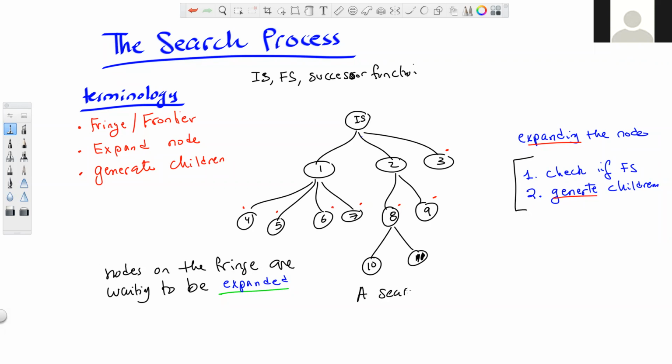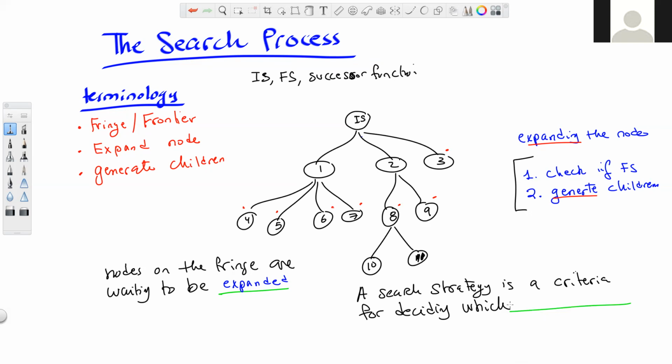A search strategy is a criteria for deciding which, okay, fill in the blank. And okay, let's see. I see a bunch of you typing. Order of choosing nodes to expand.